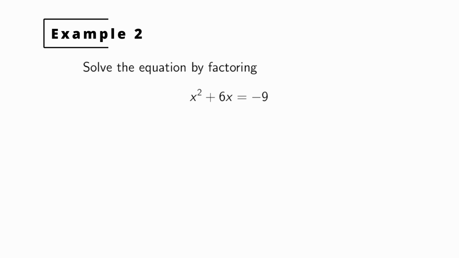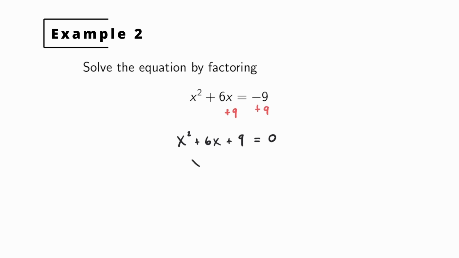Example 2. Now, as we mentioned in the previous example, we always want to start by moving all terms to one side of the equation when we want to solve by factoring. So this can be rewritten as x squared plus 6x plus 9 equals 0. And to factor this, we just noticed that 3 times 3 is 9 and 3 plus 3 is 6.